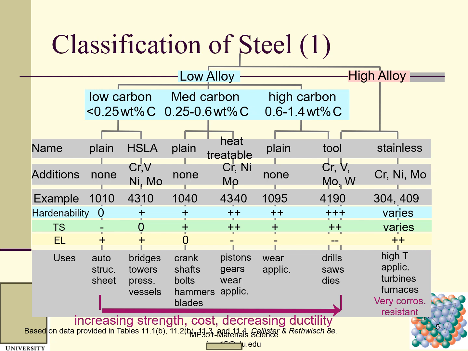We made some alloying element additions here. We don't have additions for this plain, but for the high strength low carbon iron, we have chromium, vanadium, nickel, and molybdenum.